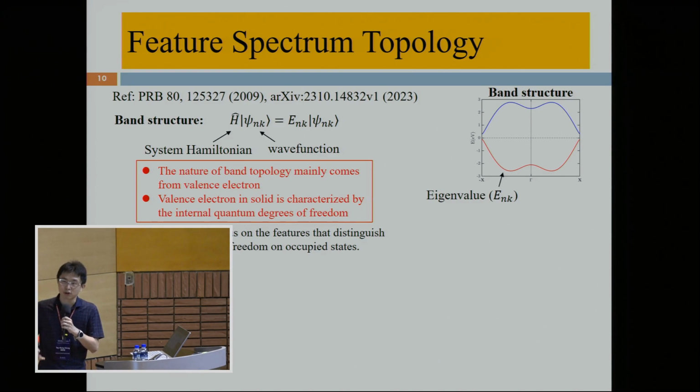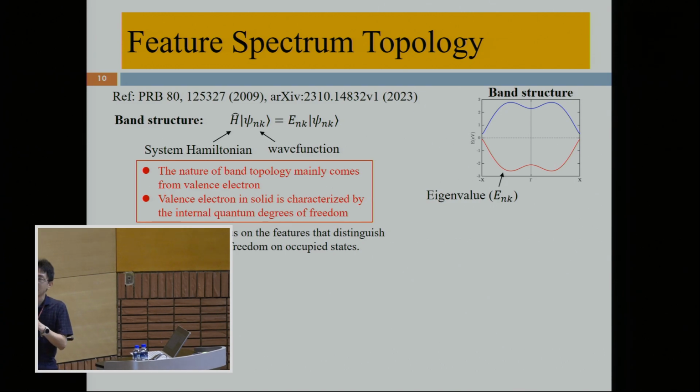And the valence electron in a solid is characterized by an internal quantum degree of freedom, for example, the spin or the lattice symmetry. Therefore, we only need to focus on the feature that distinguishes the internal quantum degree of freedom of the valence states.